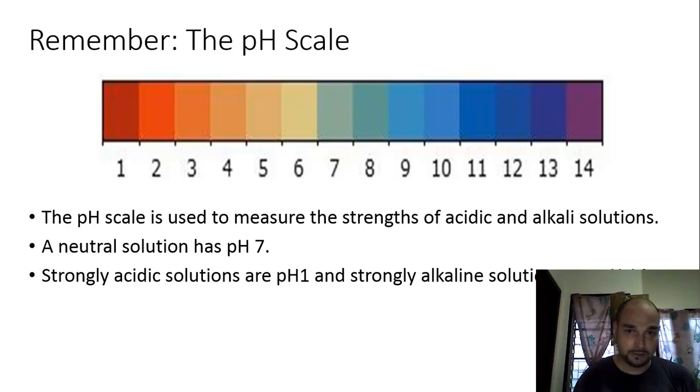And as the 2 substances or 2 solutions are mixed together, the pH number will get closer to 7. In a neutralization reaction, we want to get a pH of 7. Okay, strongly acidic solutions are pH 1, and strongly alkaline solutions are pH 14.